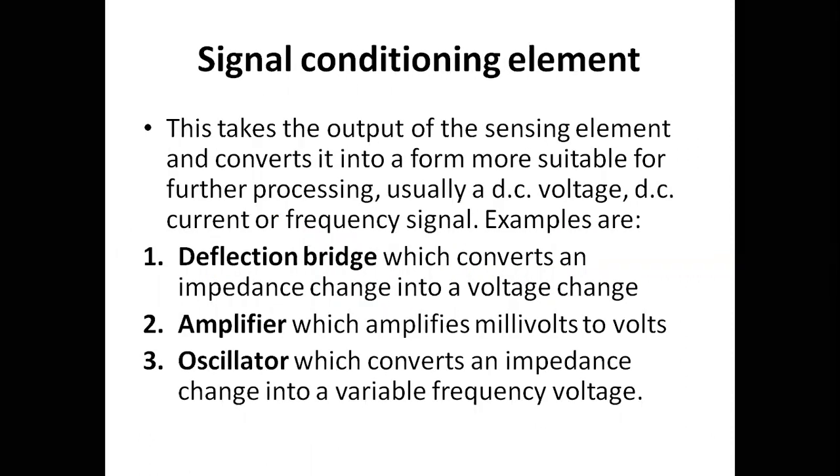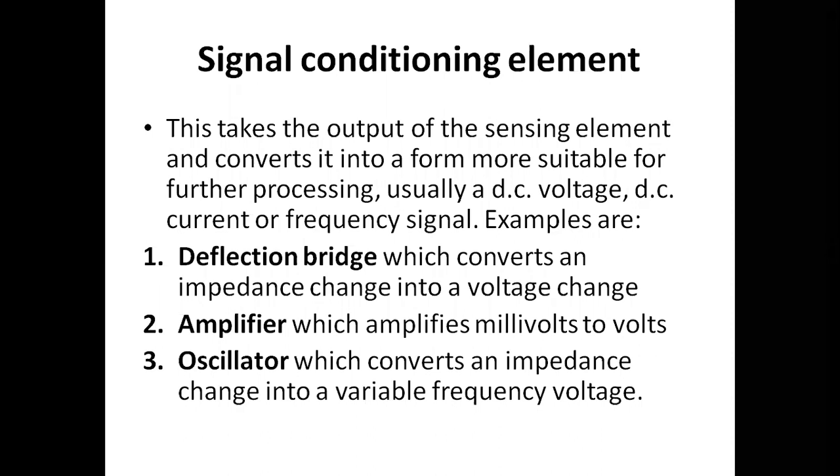Next, we go to signal conditioning elements. We said they take the output of the sensing element and convert that output into a form more suitable for further processing. Usually, it is a DC voltage or DC current or a frequency signal.